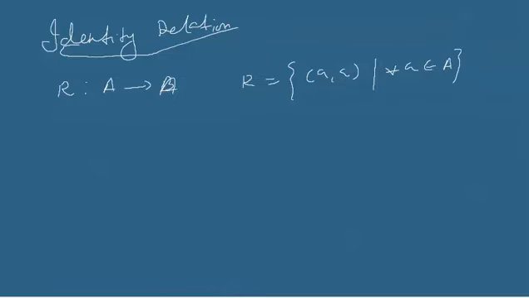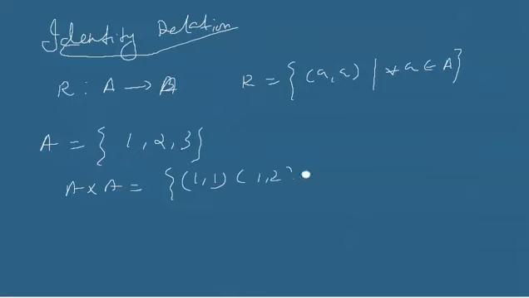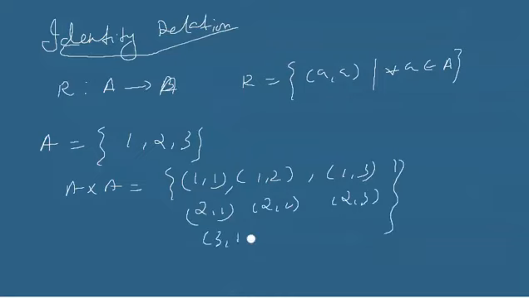So let us take an example. Let A is equal to, again let me take {1, 2, 3}. And what is A cross A? A cross A is equal to {(1, 1), (1, 2), (1, 3), (2, 1), (2, 2), (2, 3), and (3, 1), (3, 2), (3, 3)}.